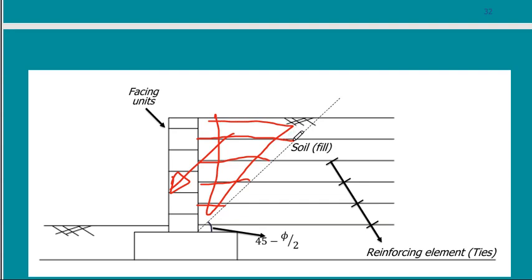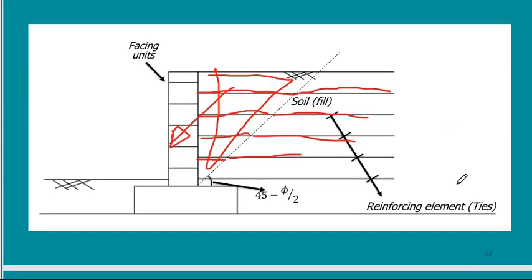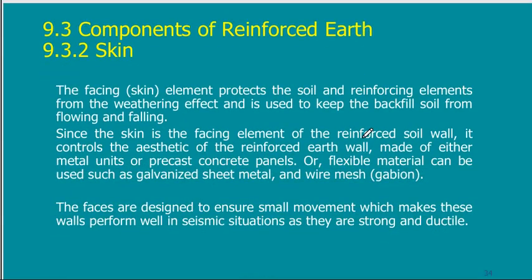So I need to increase this to go far beyond, and this to go here, and this to go there, so that I make this portion carried by the standing portion. This is the active portion that is going to fall, and this is far away from the wall, so it is not going to move. So if I connect both together, then I'm connecting the part that is falling with the part that is standing, and the wall can stand.